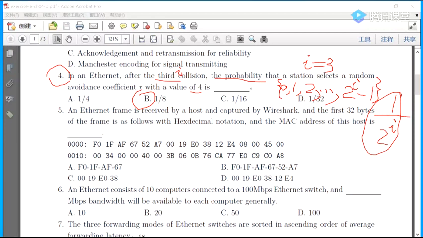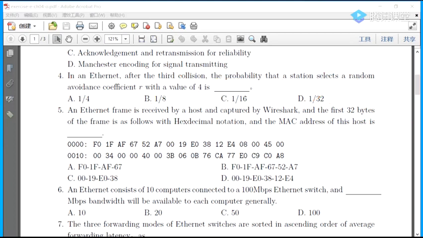Okay, let's continue. Let's look at question 5. Question 5 says, an Ethernet frame is received by a host and captured by Wireshark.